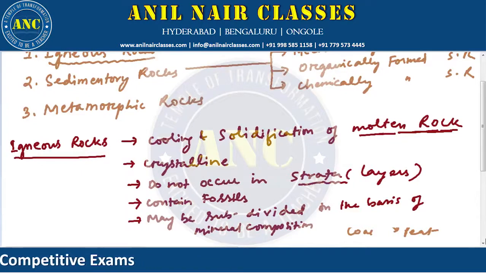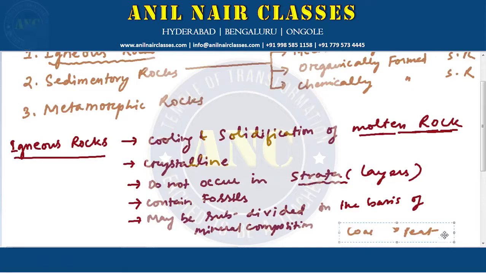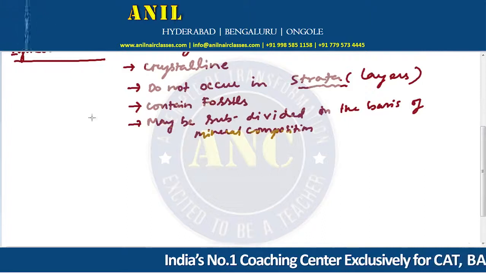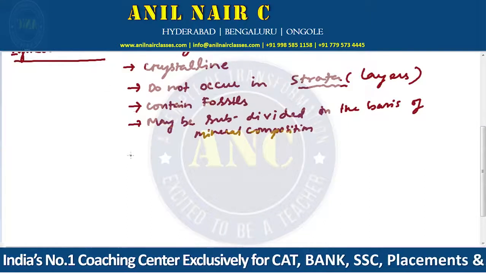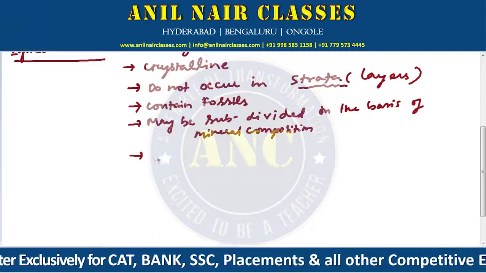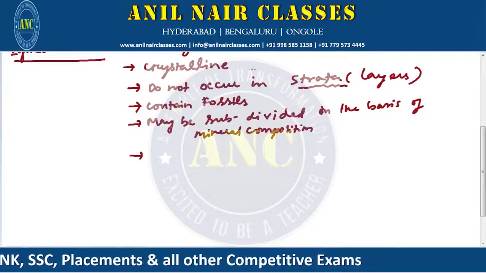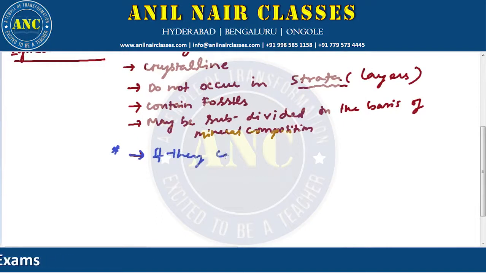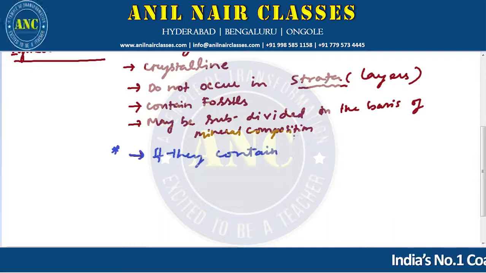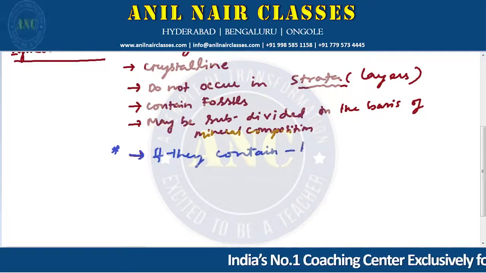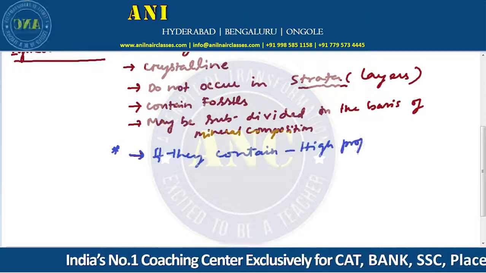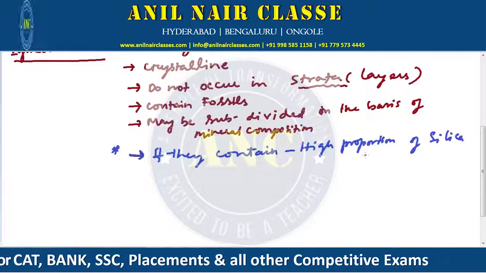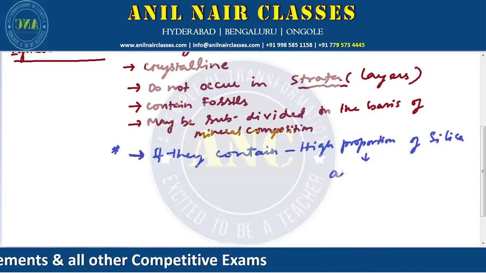And they contain, basically, these are the molten metals which are coming out from the earth's inner surface. Here, if they contain a high proportion of silica, then they are said to be acid in nature.